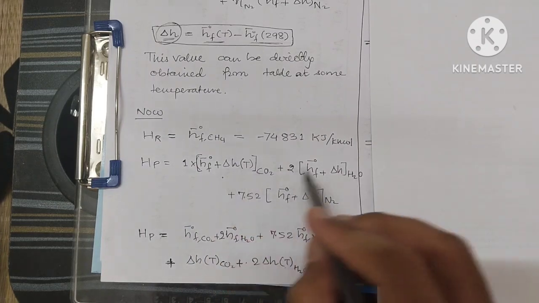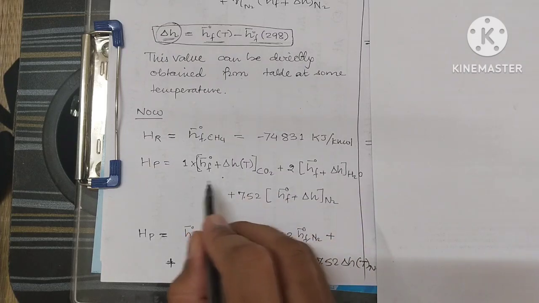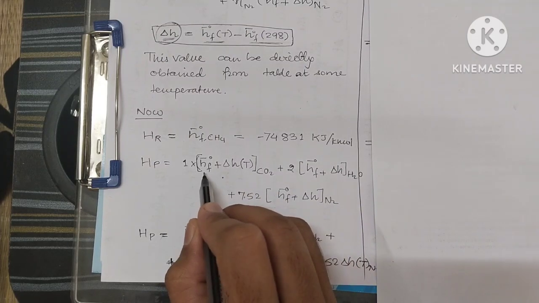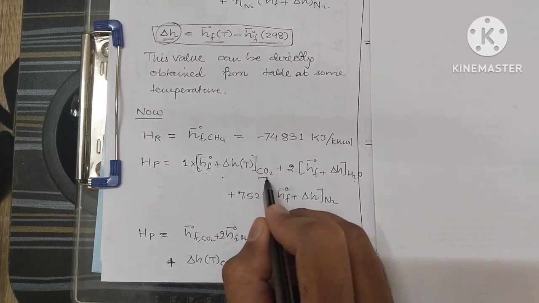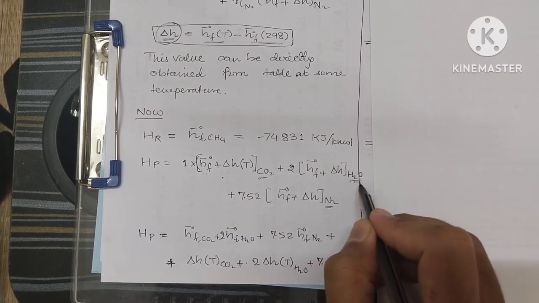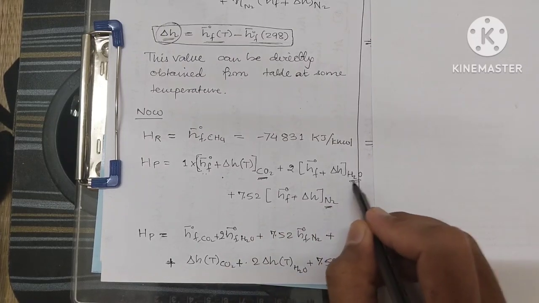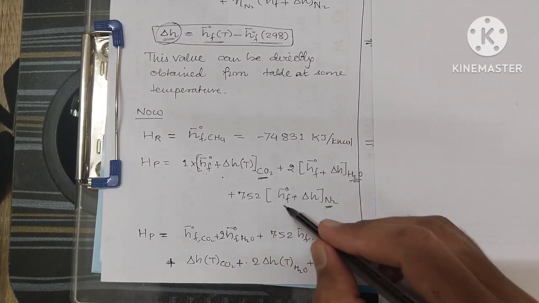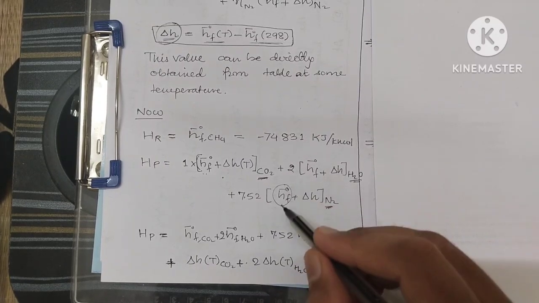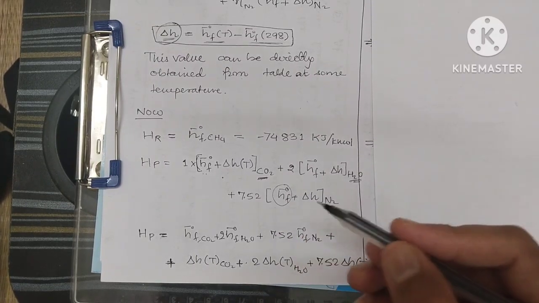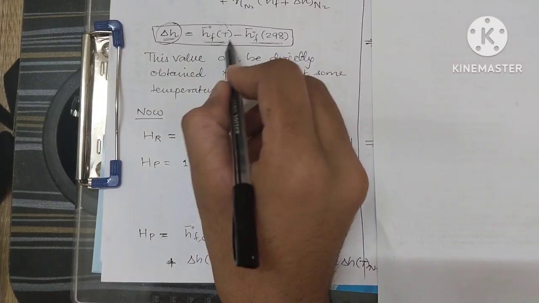So in this case, we have basically three terms on the product side: H2O, CO2 and N2. We know the enthalpy of formation of N2 is at standard condition.